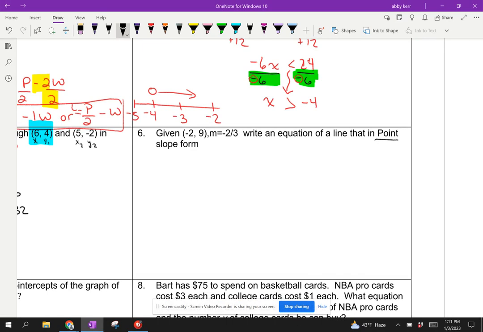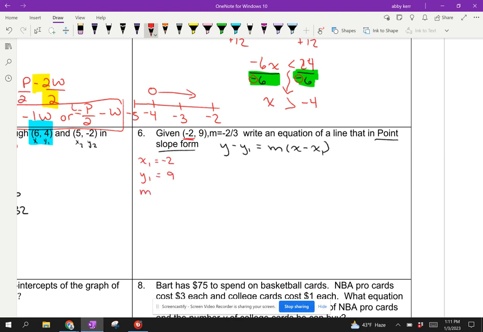Now point slope form for number 6 is y minus y1 equals m parentheses x minus x1. So all you have to do is label. We have our x1 in this case, which is -2. We have our y1, which is 9.